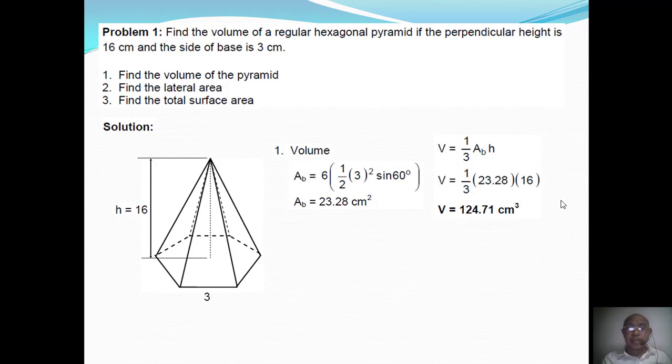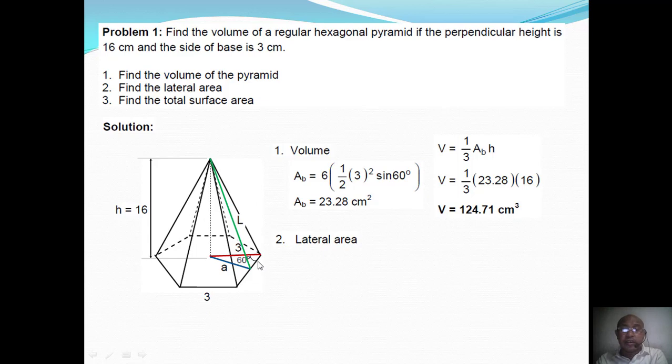Okay, so for the lateral area, we will solve for the slant height. So take note that the green line here is the slant height, and this blue line is the perpendicular distance from the center to the edge of the base. So half of this is 1.5, because this is 3, so half of that is 1.5. So this is also 3 because we have a hexagon.